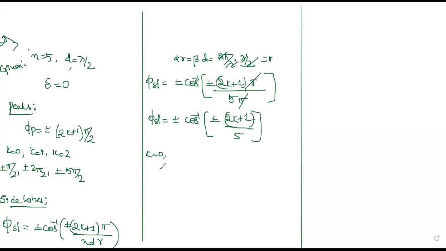K is equal to 0, tell me the values. You can directly tell me two values, not be writing all the cases. K is equal to 0, what are the two values you're getting? Similarly, k is equal to 1, k is equal to 2, k is equal to 3 until you get invalid.